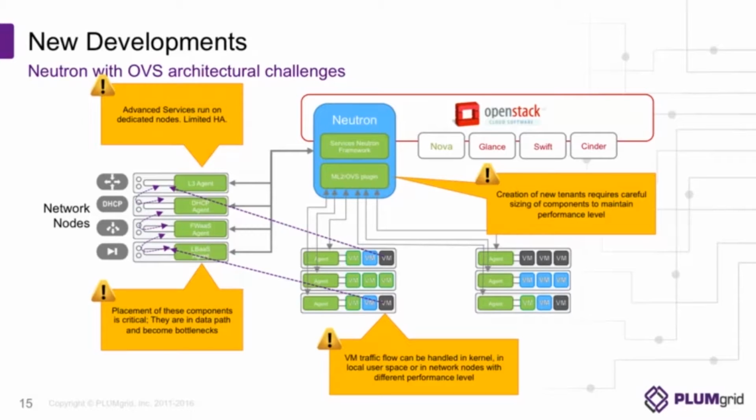Also, when you create new tenants in your cloud, you have to be very careful and size your deployments. If you create too many in the wrong zone, you may starve your network resources.